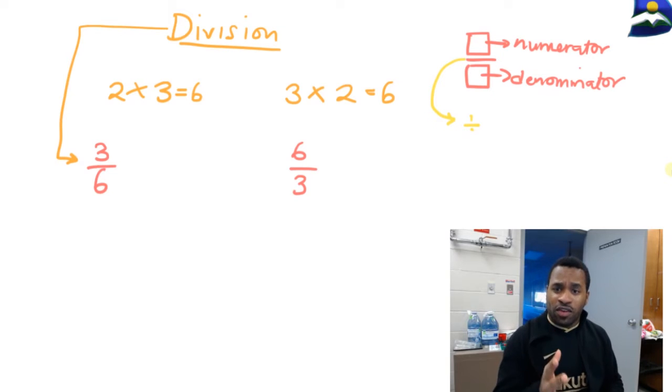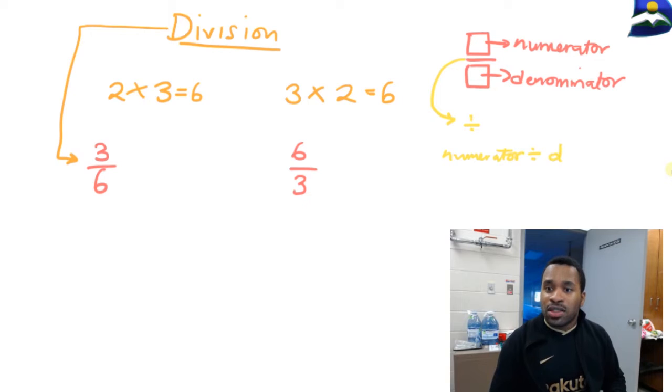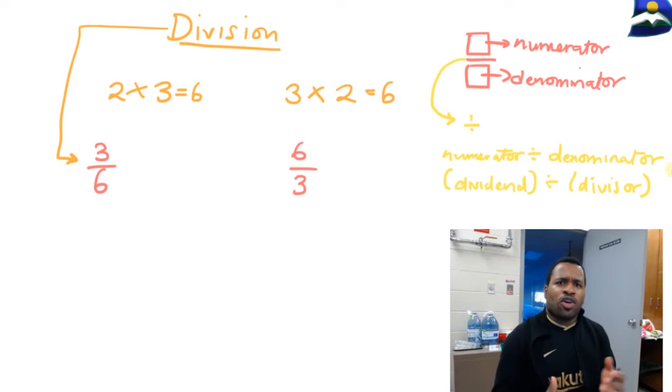So the numerator is divided by the denominator, and we can also re-express this as the numerator being known as the dividend, while the denominator is known as the divisor.